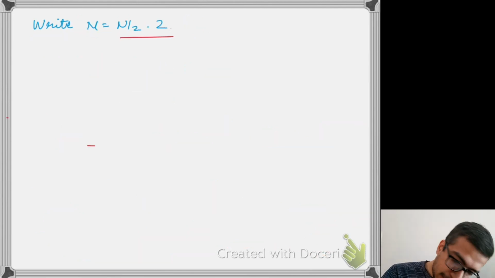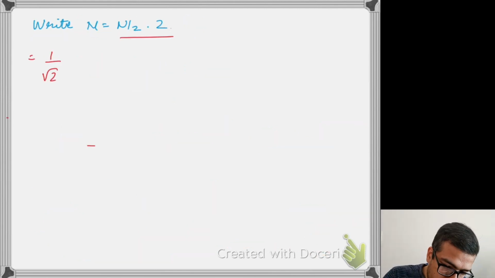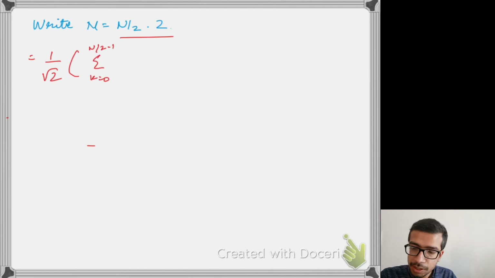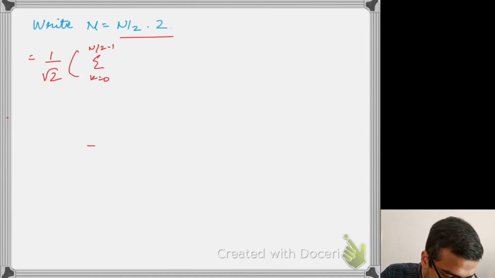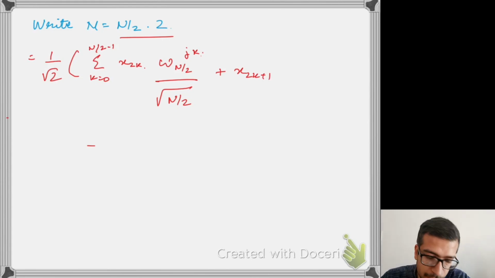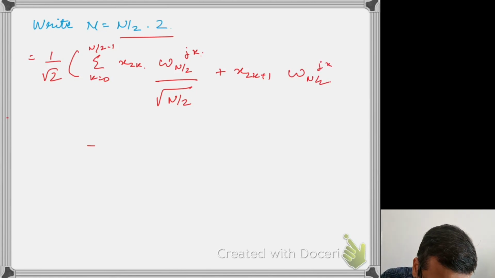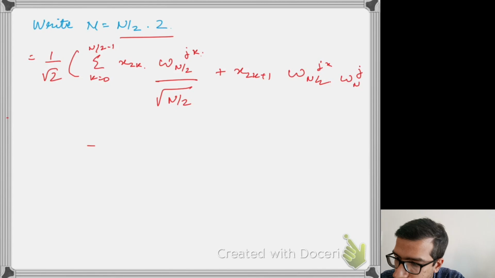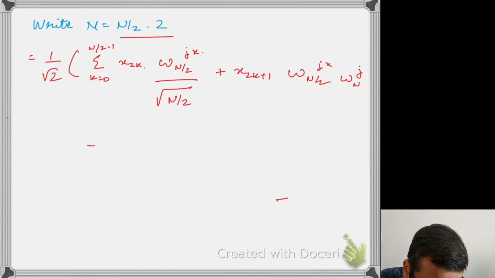So what I get is 1 over root 2 times sum over k from 0 up to capital N by 2 minus 1 of x_2k omega_{n/2} to the power jk over root n by 2 plus x_2k+1 omega_{n/2} to the power jk times omega_n to the power j over root n by 2.